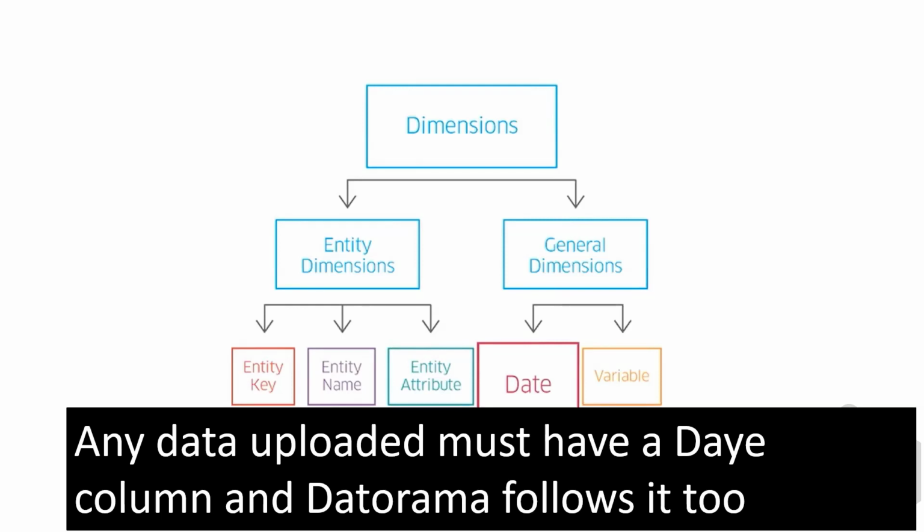See, it is not about what is in the data or what is not coming in the data. If you have a start date or any sort of dates that you want to map in Datorama, you can go ahead and map it as a date.